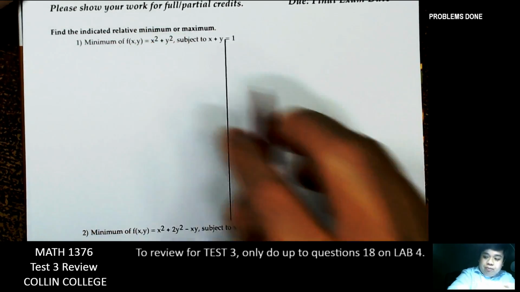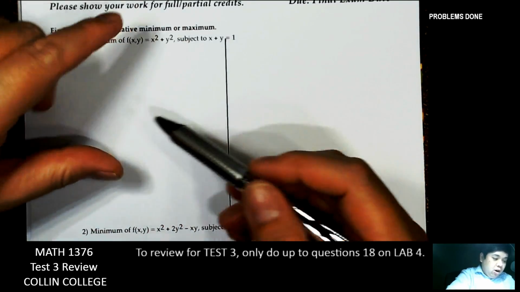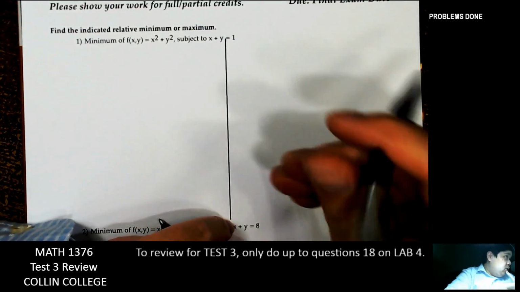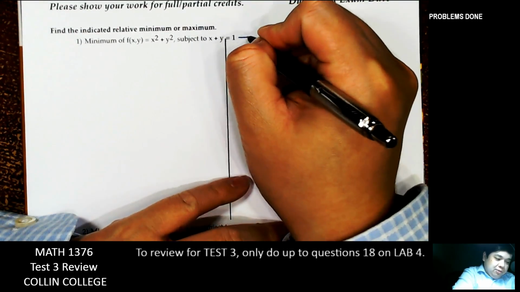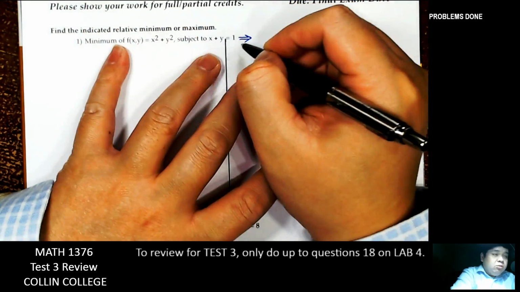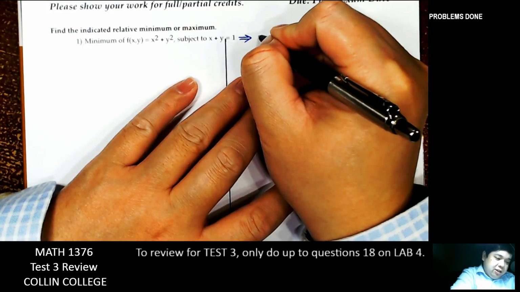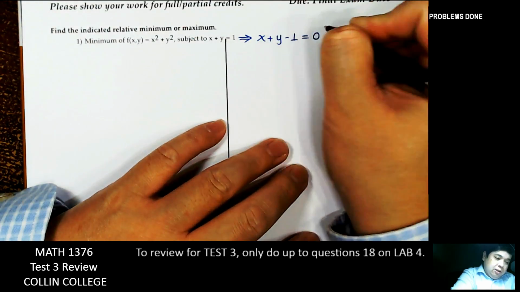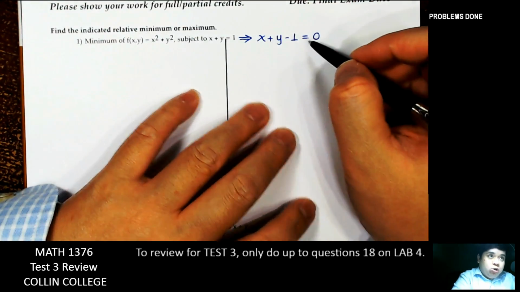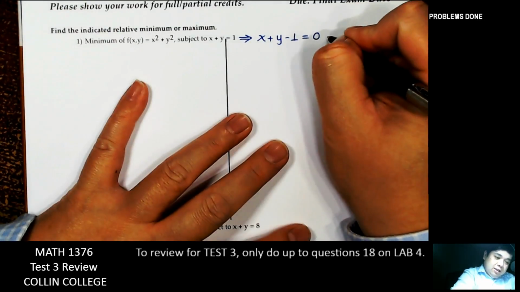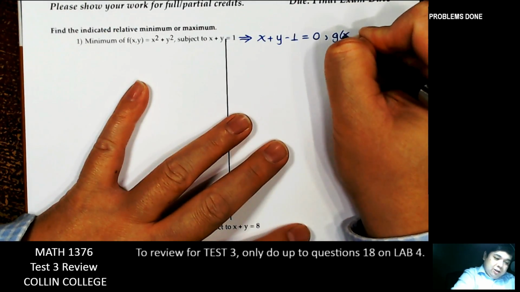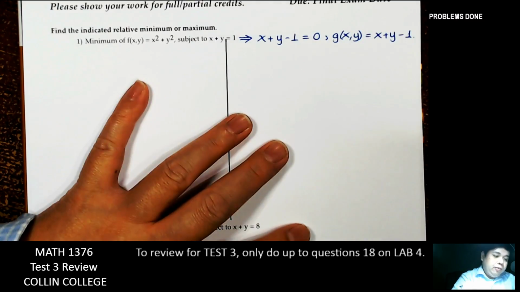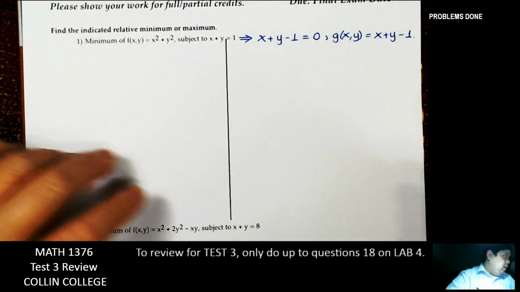The first step is we have the function and we have the equation, which is the constraint. So we change that to bring everything on one side, and that will be g of x y.